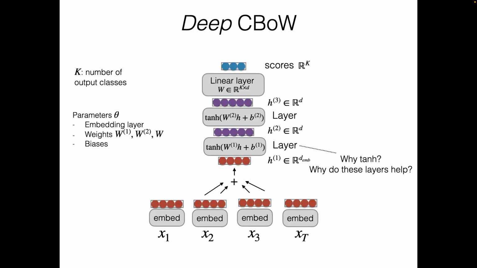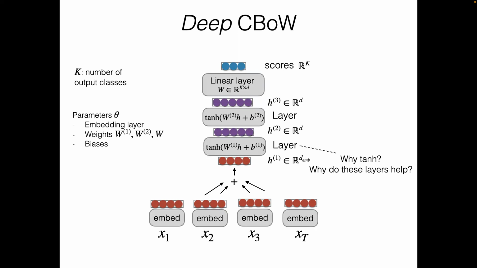Then this can change the dimension if you want. So now we have this dimension R^D. And then we can just keep stacking layers if we want, and maybe just keep the dimension the same. You can also change it if you want. Then again, you have the same output layer or linear layer at the end, and ultimately you get these different scores for your different classes.